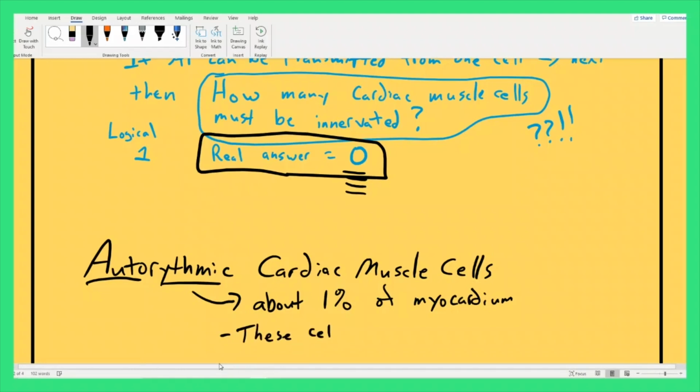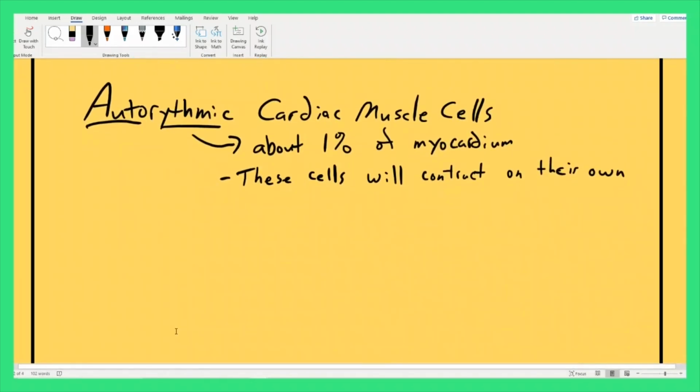These cells will contract on their own. No neuron required. There's some terms that physiologists use to describe this. I'm going to write them down because you hear them all the time.